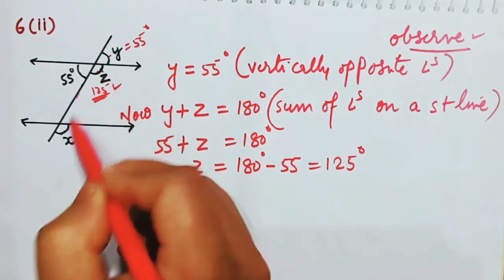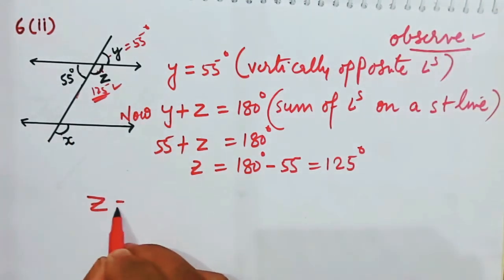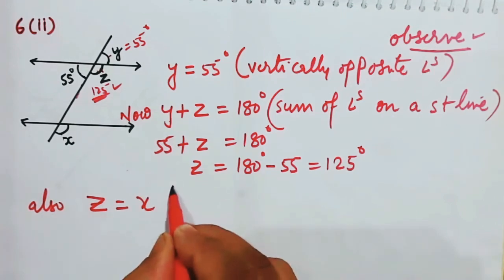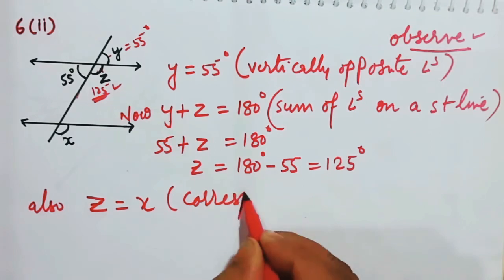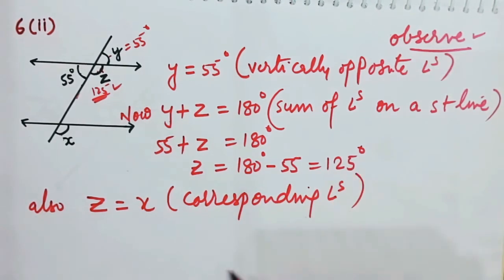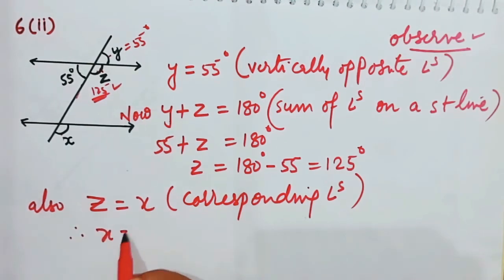Now once I got z is equal to 125 degrees, don't you think that this z and x are corresponding angles? z will be equal to x, and the reason for that is they are corresponding angles. Therefore we can say that the value of x will be equal to 125 degrees.